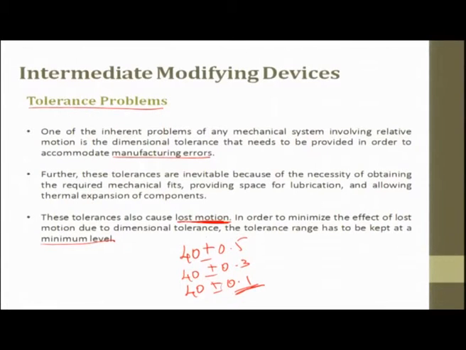I understand that as the tolerance gets smaller and smaller, the cost goes higher and the number of passes involved is high, but you should also understand that when the tolerance becomes very liberal and you have a fit, it becomes a completely different response and there is a lot of lost motion.